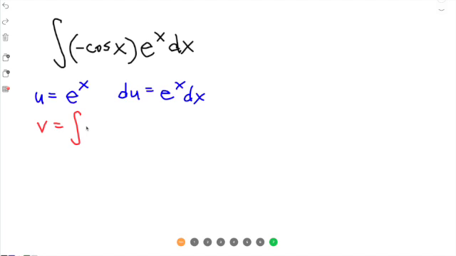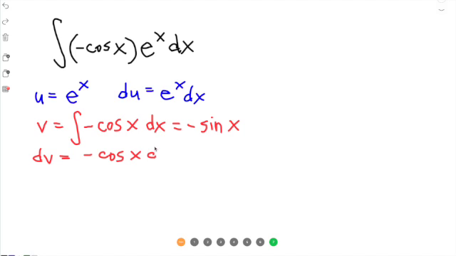That would be the integral of negative cosine x dx, which we know is, we take negative 1 outside, that is still negative sine x, and the derivative of v would be equal to negative cosine x dx.